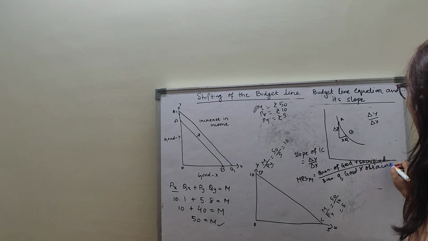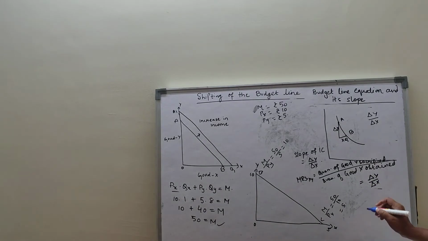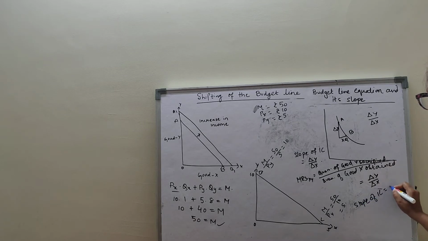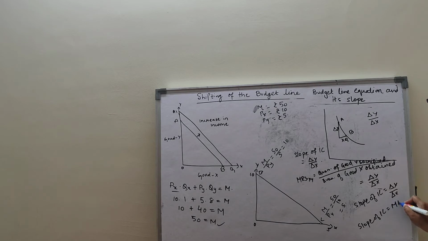This is the formula of MRS. That is the change in y by change in x. Clear? So, the slope of the indifference curve formula is the same: change in y by change in x. So, we can say that the slope of the indifference curve is equal to MRS. Clear? So, whatever the value of MRS, the same will be the value of the slope of the indifference curve. Clear? This much is clear.